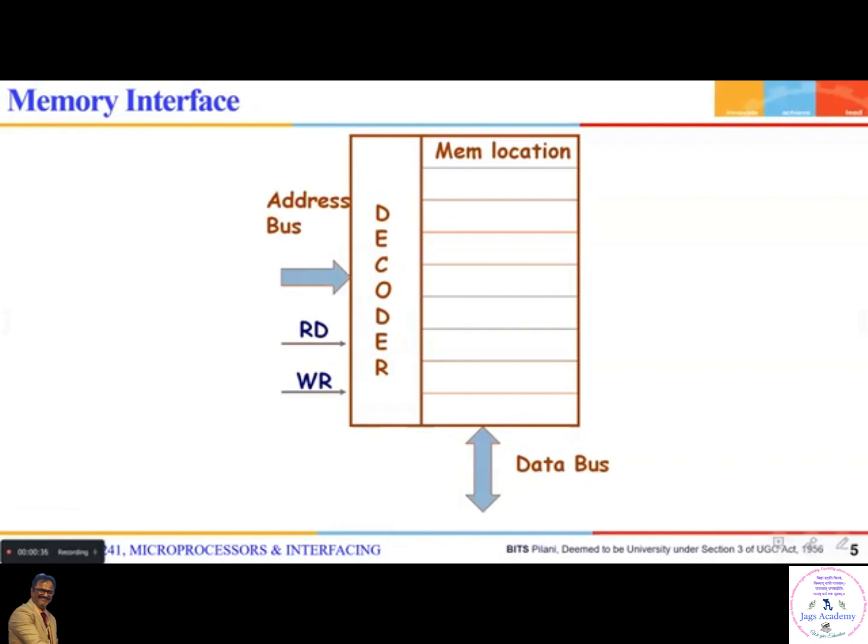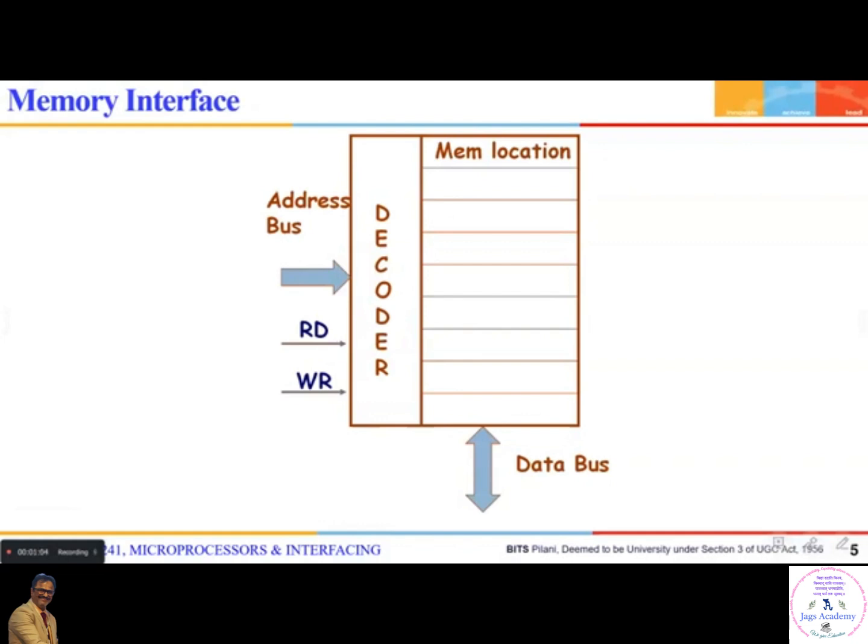Based on the specifications given for your microprocessor interfacing and the requirement, you will interface the memory with the microprocessor. Even though your microprocessor can handle 1 megabyte of memory, that's why this memory interfacing has come. Have you understood this?